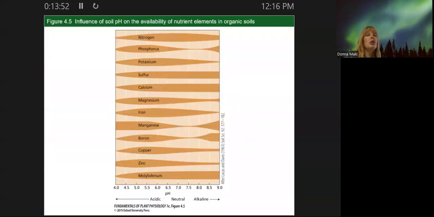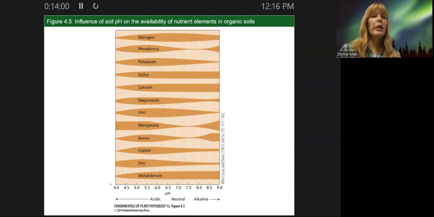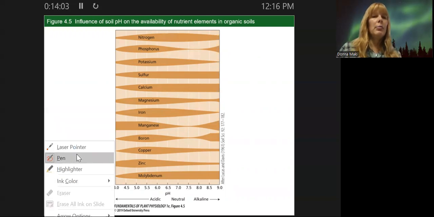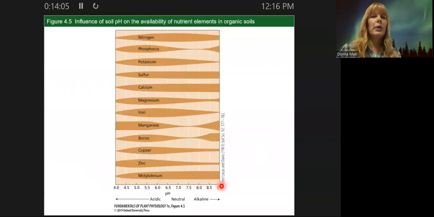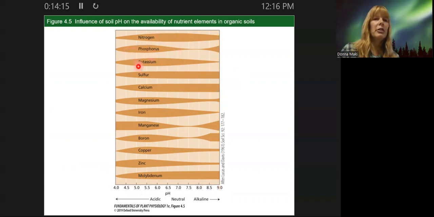So this is a chart trying to show you the solubility under different pHs. On the bottom of this chart, you see the pH range from 4 on the left to getting higher and higher as you work your way out. Wherever the bar is fatter, so nitrogen, wherever it's fatter, that's where it's more soluble. Here, phosphorus, you can see a big shift where it's soluble around 5.5.